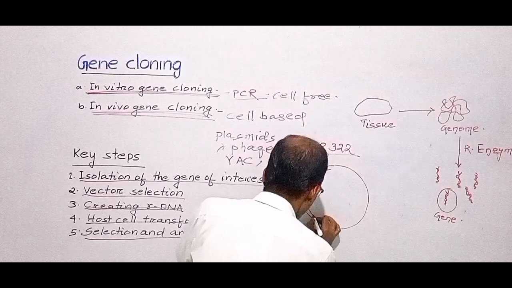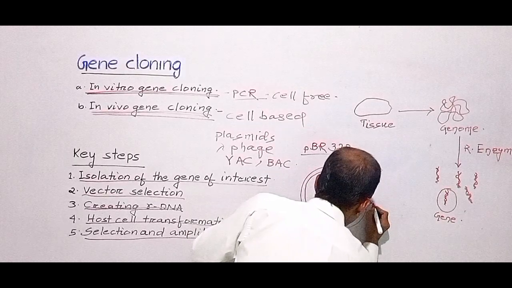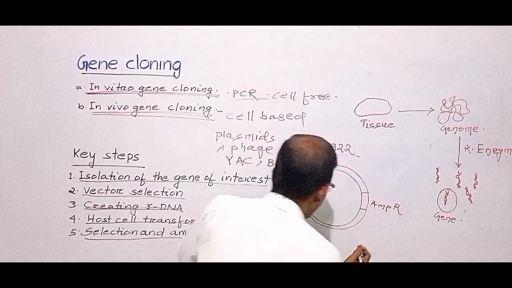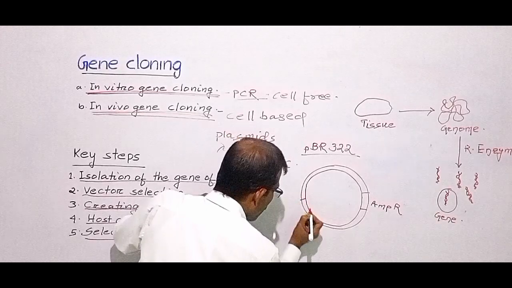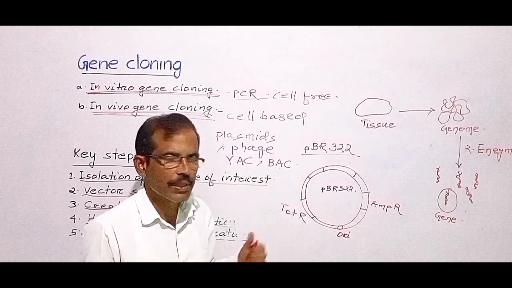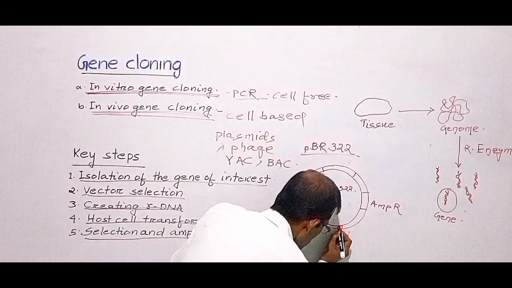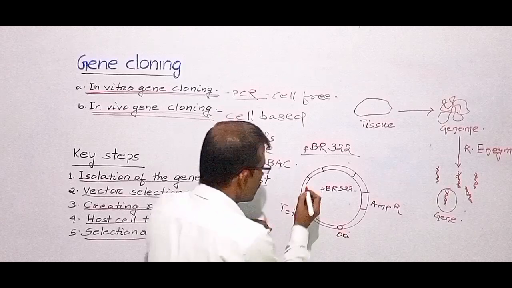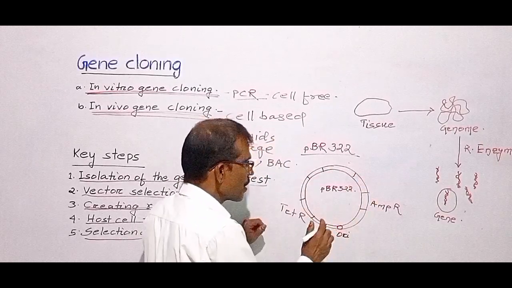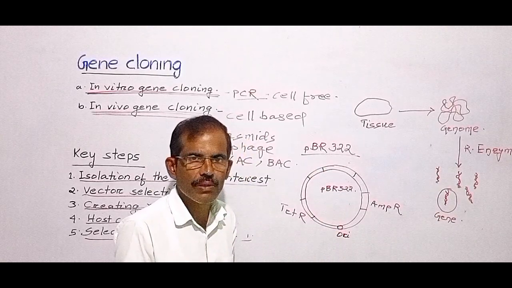Out of these two, one gene is for ampicillin resistance, and the other gene is for tetracycline resistance. In addition to this, pBR322 contains one origin of replication and multiple restriction sites at which this plasmid can be cleaved by using restriction enzymes.